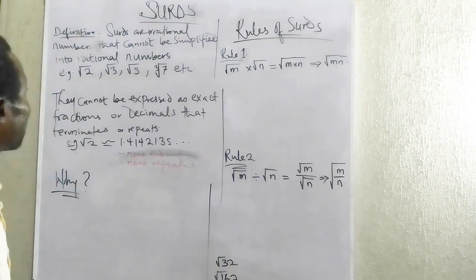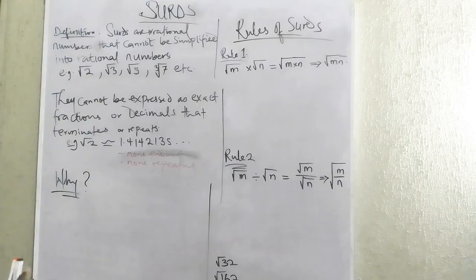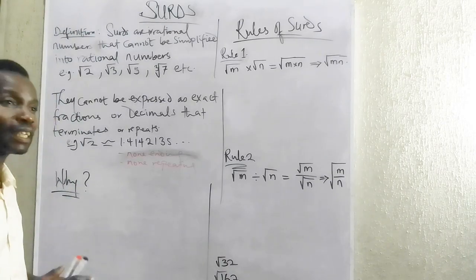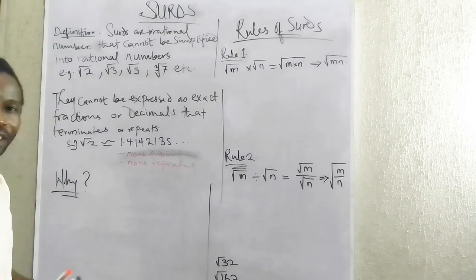Now what are surds? Surds are irrational numbers that cannot be simplified, that cannot be made rational. Now you have to ask yourself, what are rational numbers? What are irrational numbers?